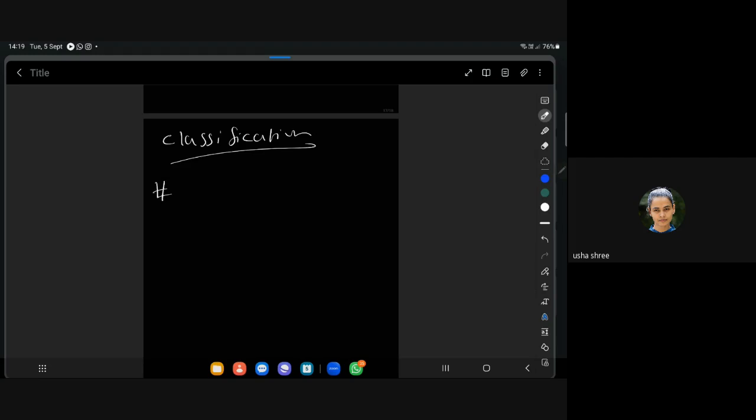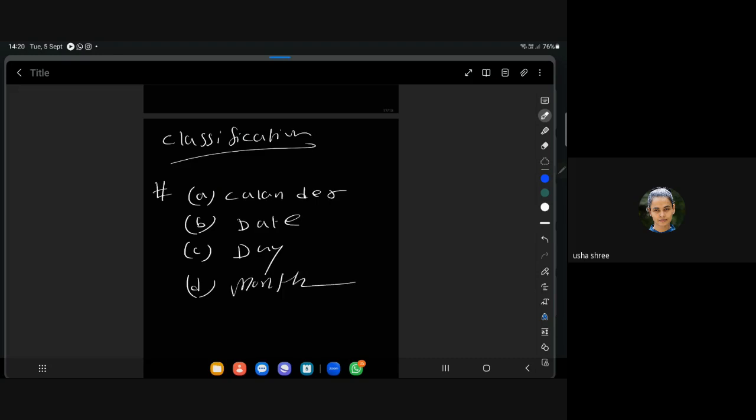Choose the word that is least like the other words. Suppose they have given you calendar, then date, then day, then month. These four words they have given, and they have asked you to choose the word that is least like the other words.